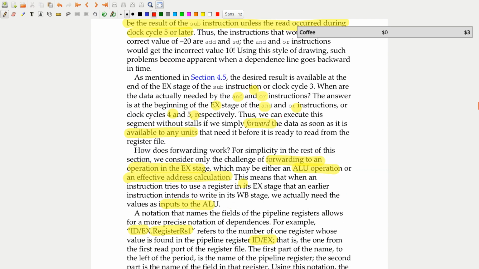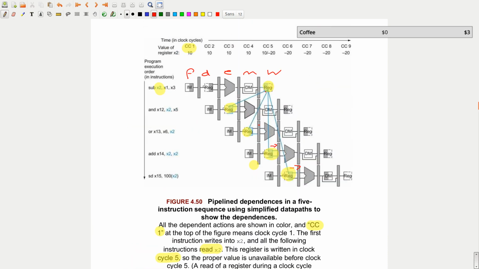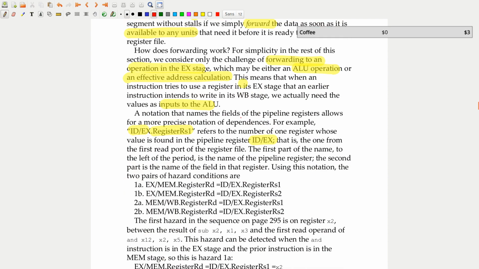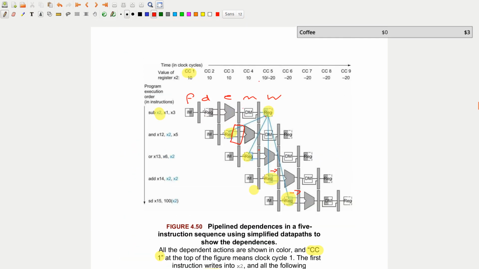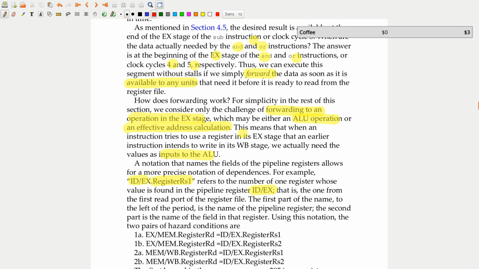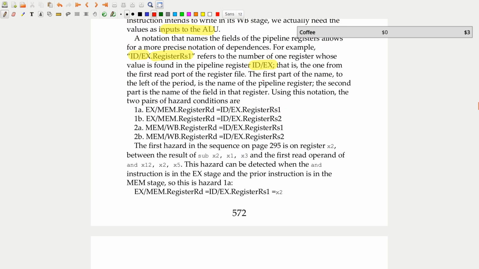So the first one that they talk about is execute in mem. So that's right here. That's execute in memory. And then the other one is decode and execute. So decode and execute is here. Okay. So let's continue on. That makes more sense now.